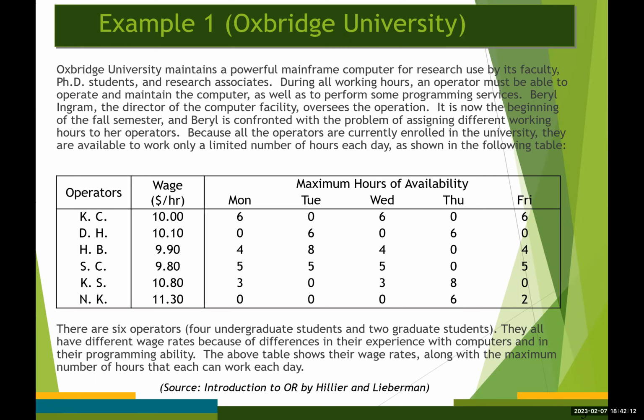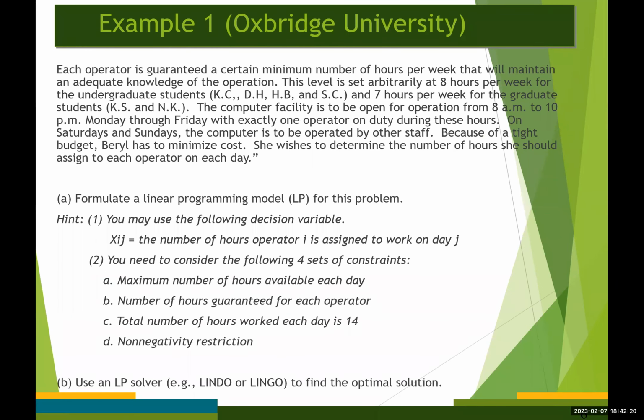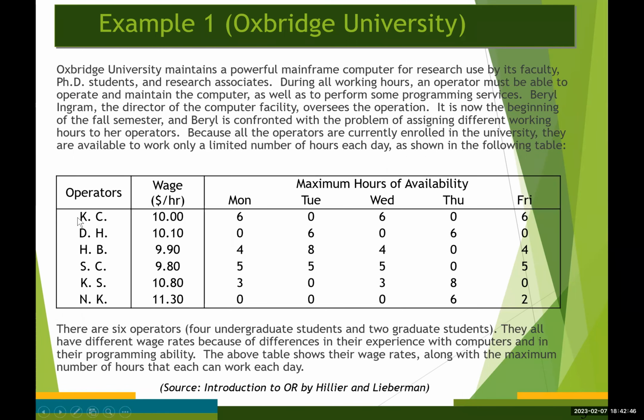This level is set arbitrarily at 8 hours per week, sorry, for the undergraduate students, who are identified as KC, DH, HB, and SC, and 7 hours per week for the graduate students, KS and NK. So these first 4 students are the undergraduate students, and these 2 students are the graduate students.